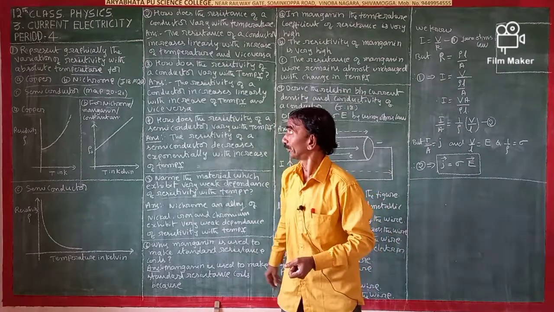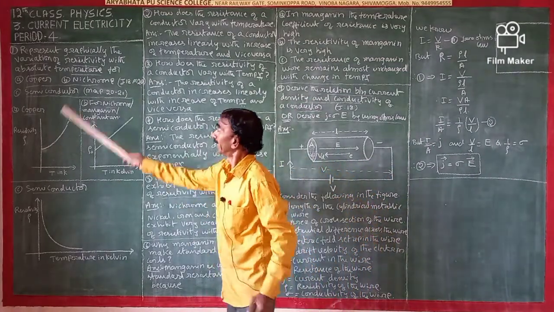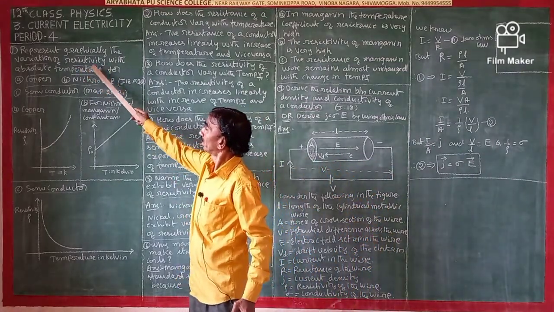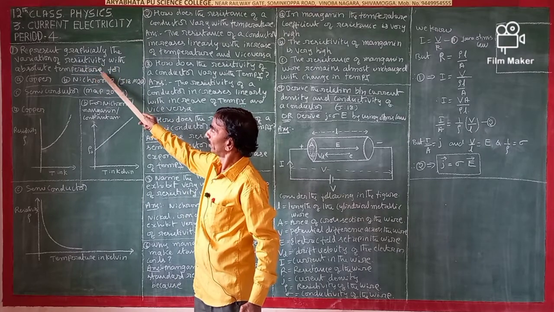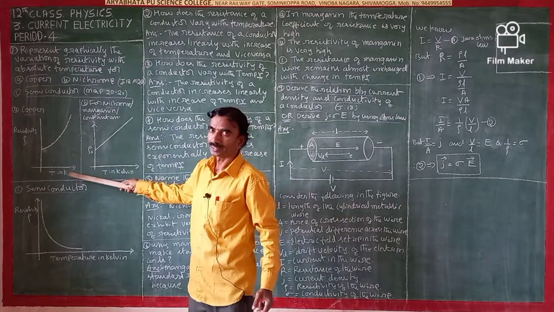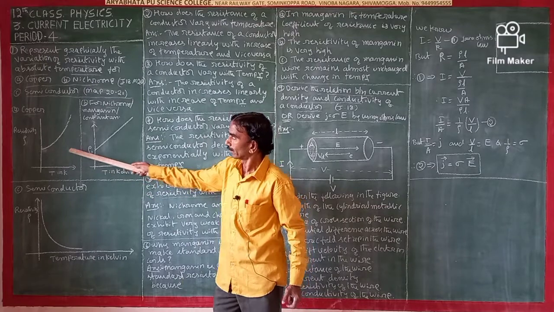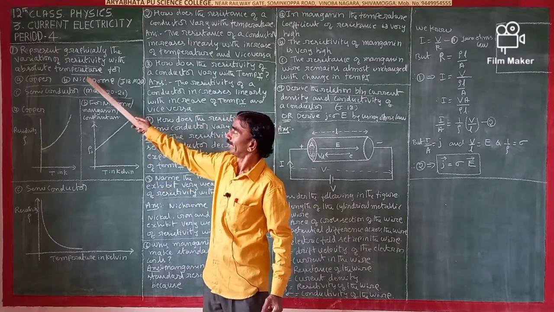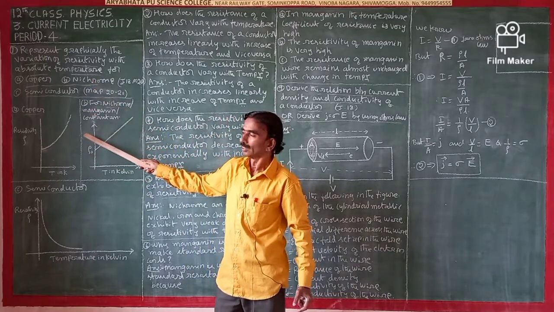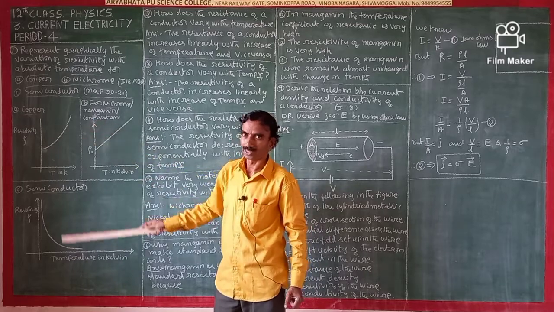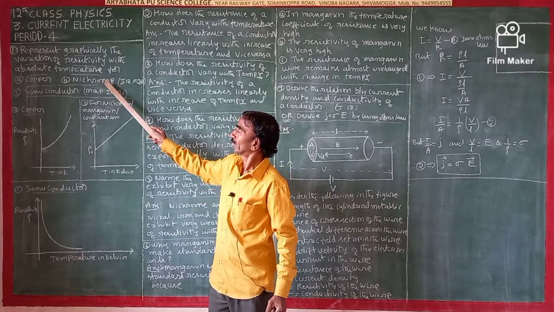Now we are going to study the variation of resistivity with absolute temperature. When the temperature increases, what about the resistivity? Does the resistivity increase or decrease? So we have to show it graphically. This is a very important question.